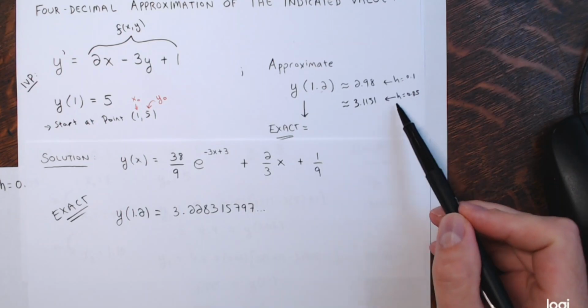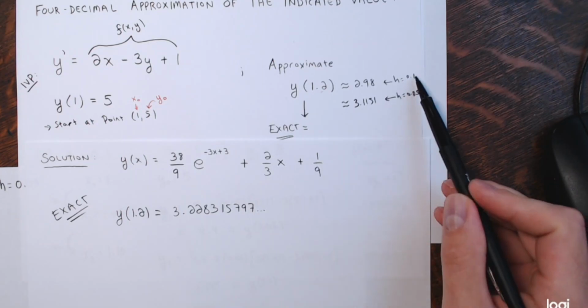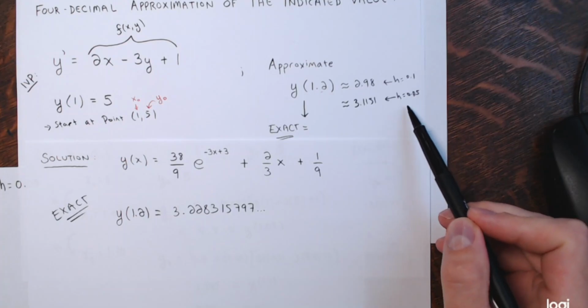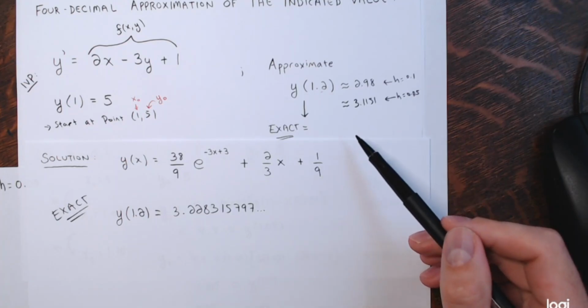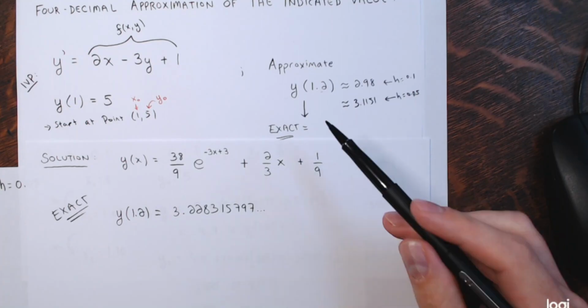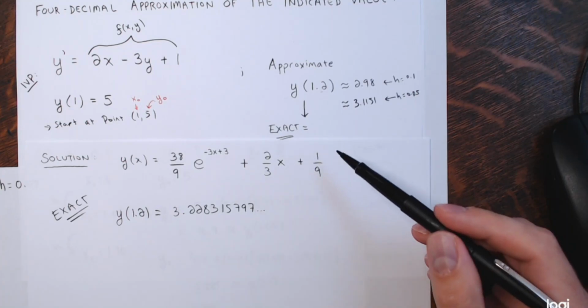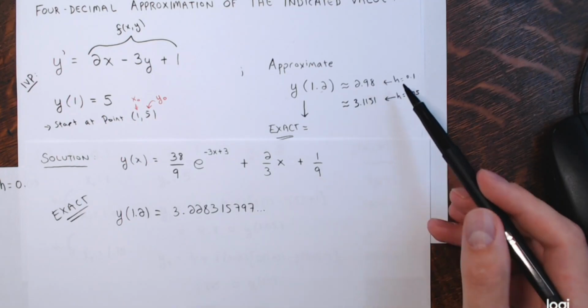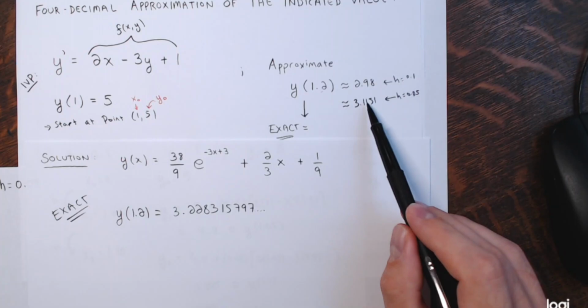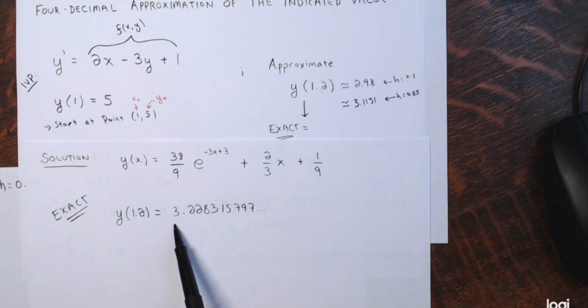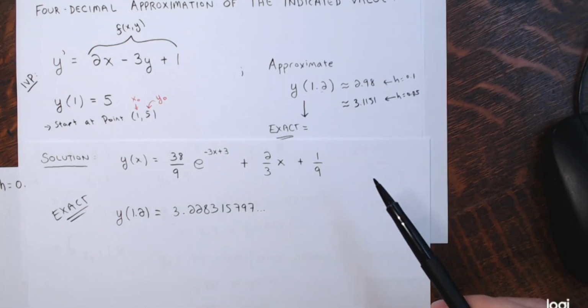Now you could make h even smaller. Now this is 1/10th, 1/20th. You could make it 100th, 1000th, and go. But that would just increase the number of steps, and writing it out by hand would be a little tedious. But you should see that the smaller h gets, the closer the approximation should get to this 3.2283 number.